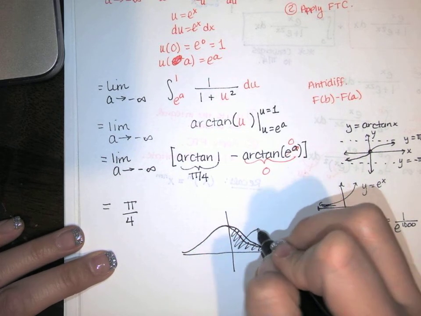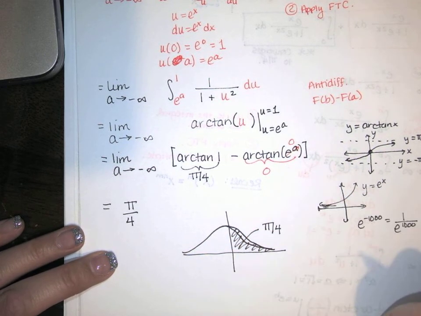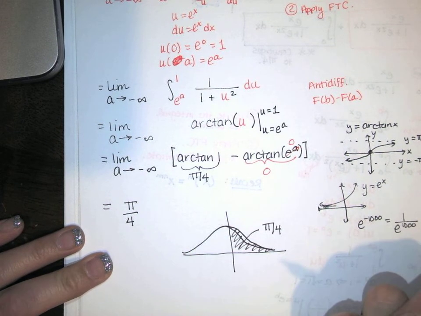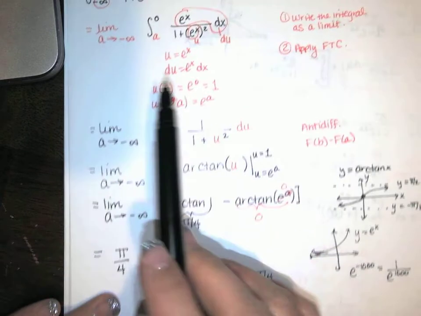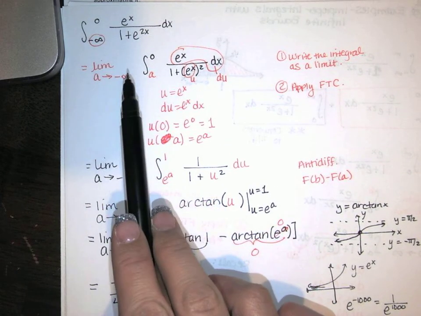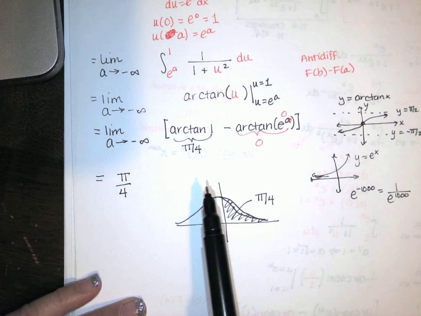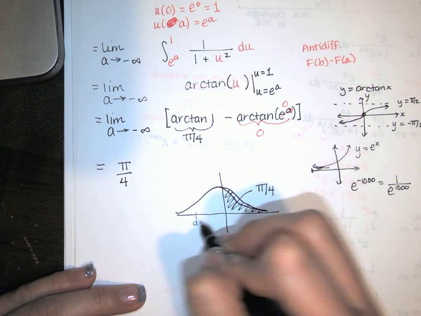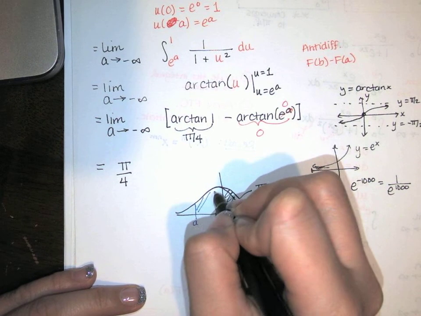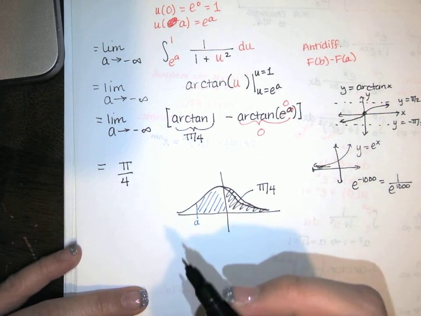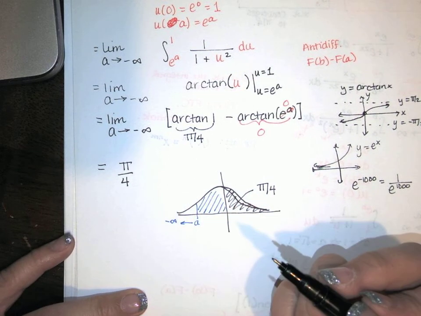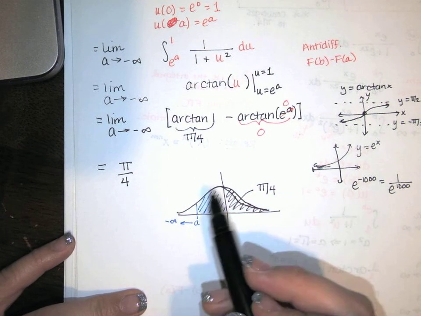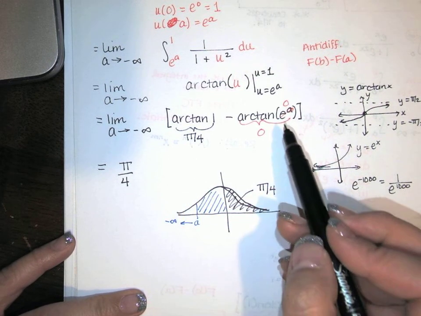We already took care of this, and we found out that that area in some limiting sense was pi over 4. And we wanted to know what was happening over here. So we took the integral from negative infinity to 0. We wrote it as this limit, the limit from a to 0. We found this right here. And then we said, what happens to this as a goes to negative infinity? As a goes to negative infinity, turns out we're subtracting something.